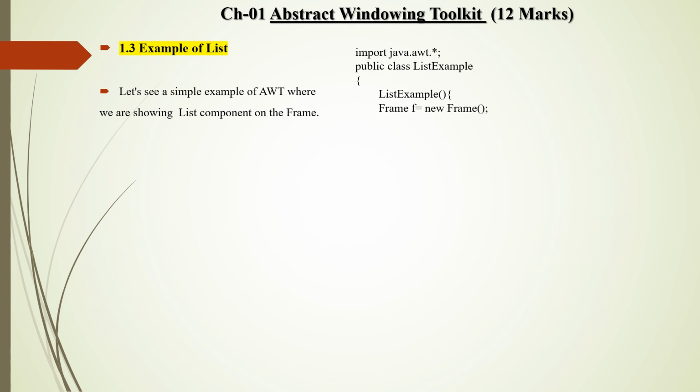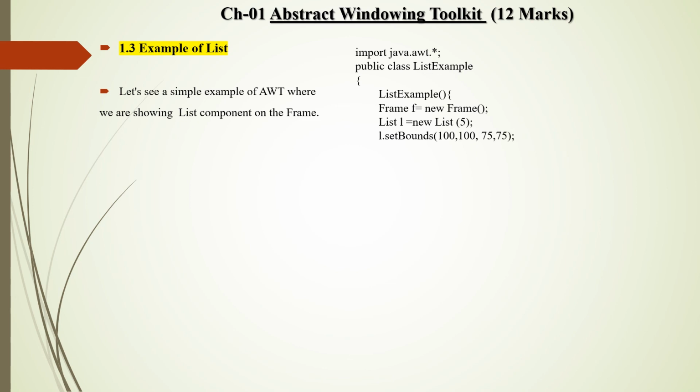Inside the constructor, we create one object of the Frame class, that is Frame f = new Frame. So f is the object of the Frame class. Then we create one list, List l = new List. In the brackets we pass the integer 5. So it displays space for 5 rows.